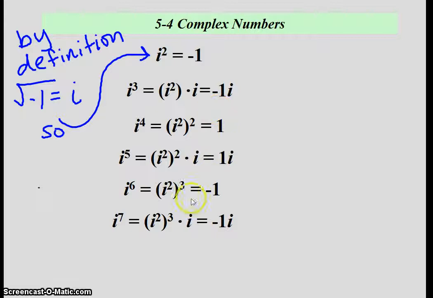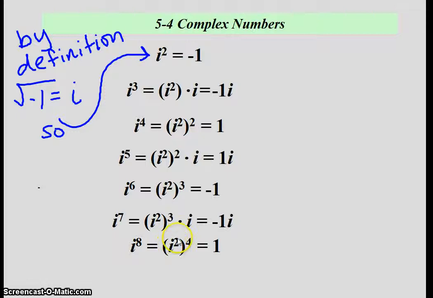So is there a pattern developing here that I could look at and predict what will happen from now on? Let's do a couple more. I've got these 3 pairs and I had an extra i. If I do i to the 8th, that means I have one more i, so I have all of them paired up, which means now I have 4 pairs.